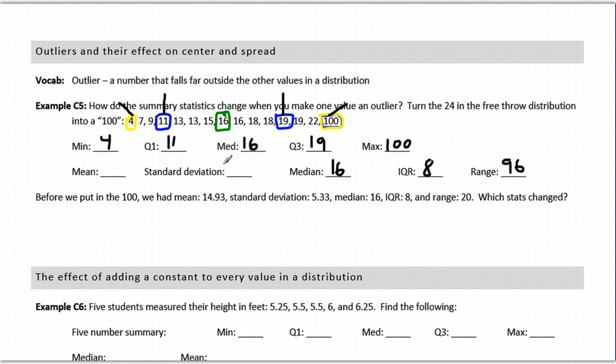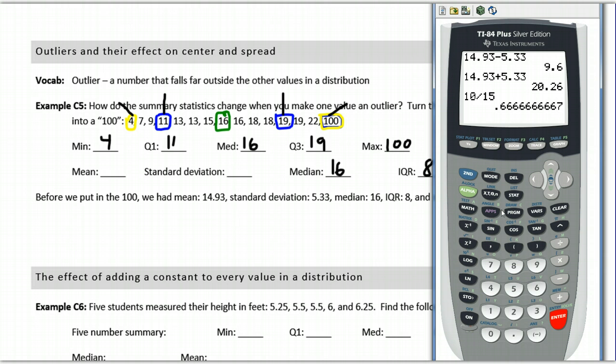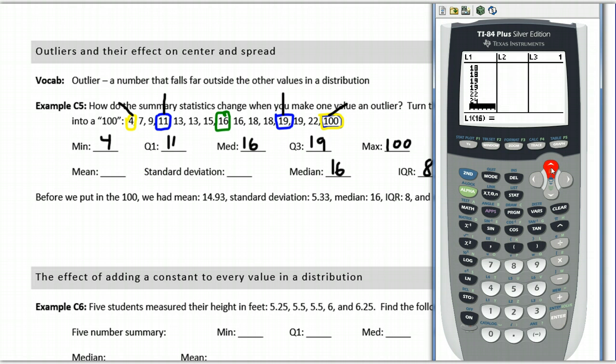The mean and the standard deviation we still have to do with our calculator. So if you pull that out, for many of the calculators, if you left your numbers in from what you had before, you can just go to your list and edit that one value. The rest of this list we had in here before was the same, and I'm going to overwrite that 24 with 100.